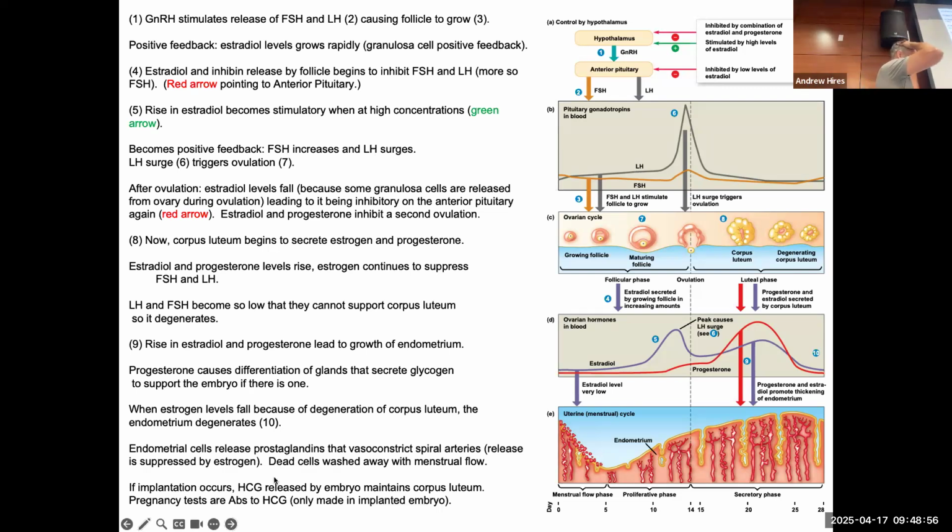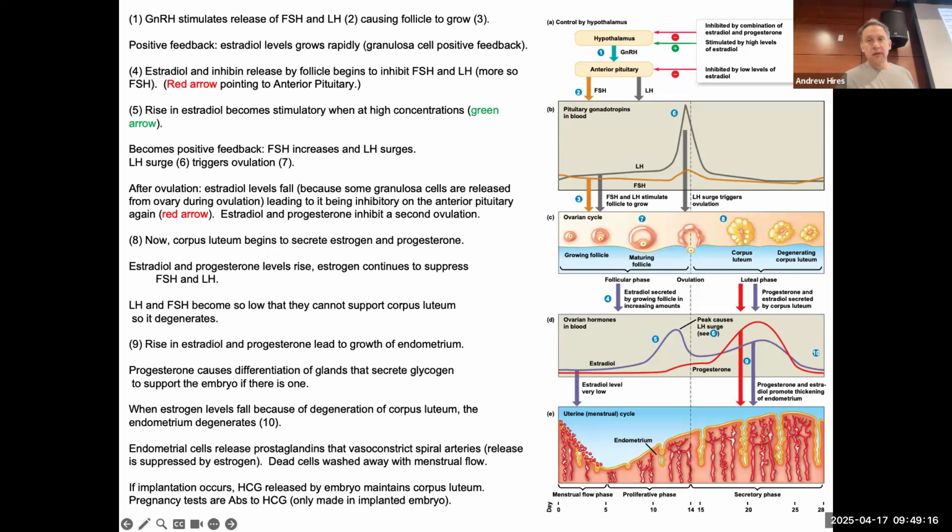Now, if a guy pees on this strip, generally speaking, you won't see anything, and if you do, that's a pretty good sign that there's some sort of testicular cancer causing an inappropriate generation of human chorionic gonadotropin.